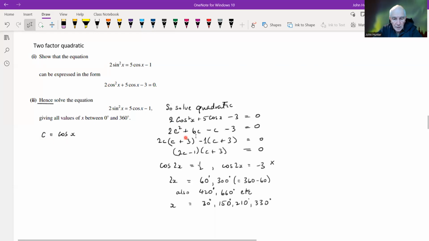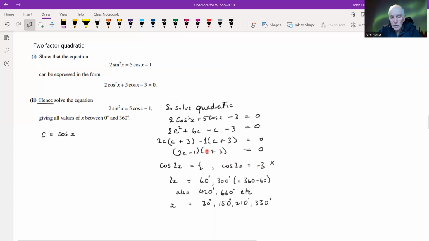Explain what I'm doing there. And then we factorize that using the exploding the middle method, and we're going to get cosine 2x equals a half from that factor, or cosine 2x equals -3. Now that is not going to give you anything. But fear not, this is the nature of these things.